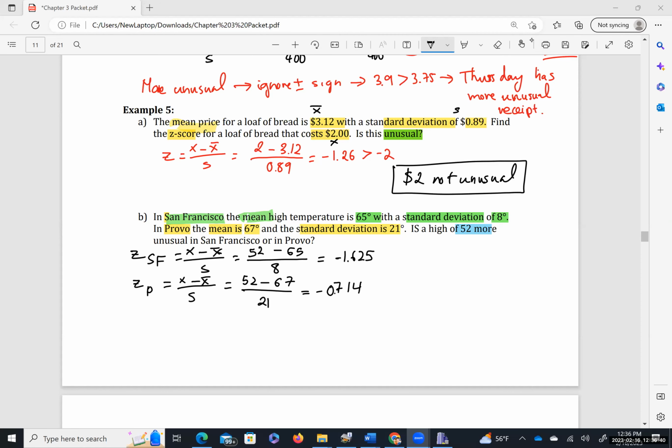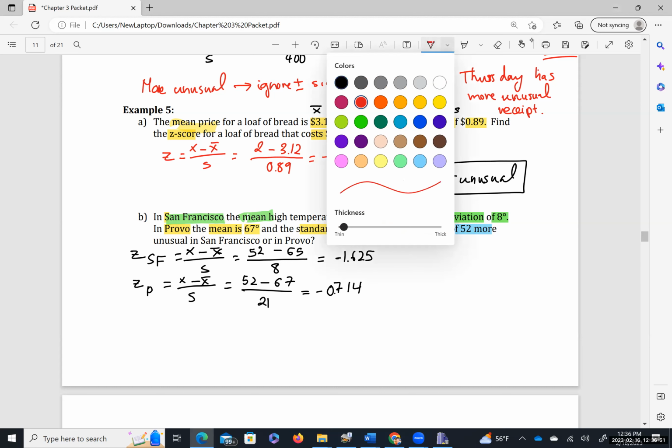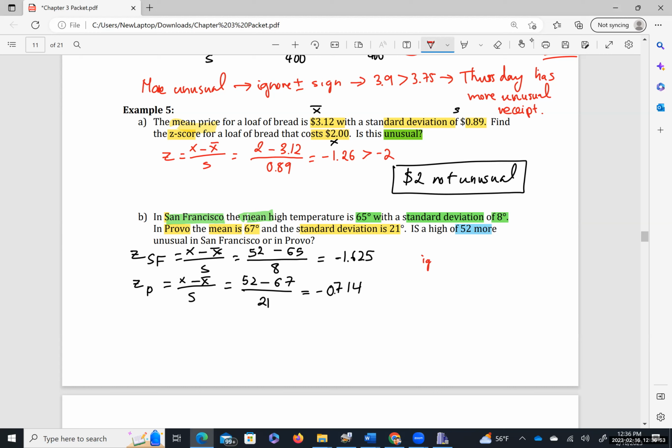Okay, here's what I have: z Provo will be negative 0.71. And again, in order to compare, we have to ignore the positive and negative sign.